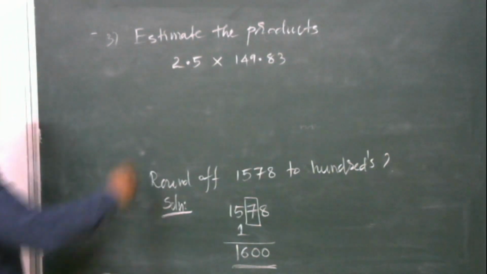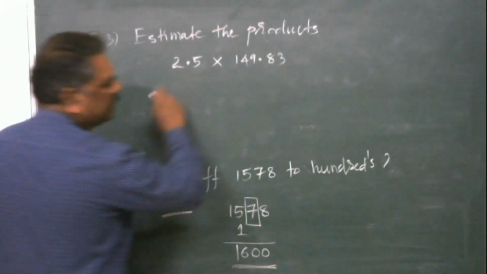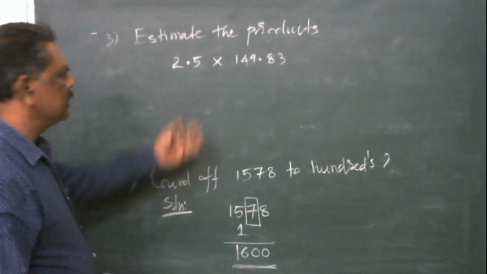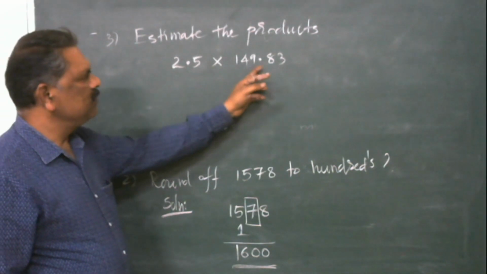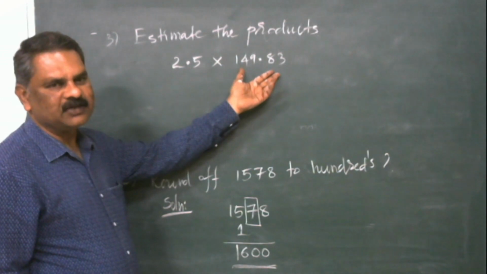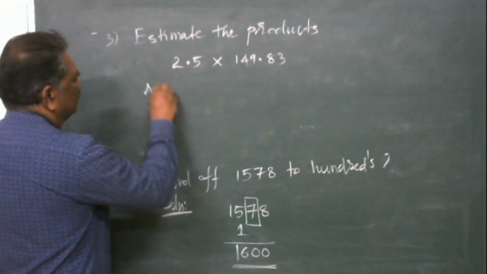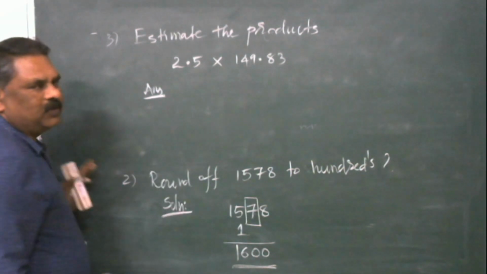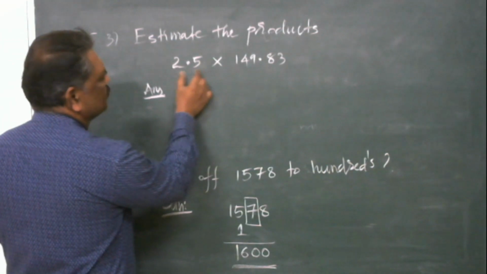We need to estimate this to the nearest integers. 149.83 multiplication takes a lot of time, and 2.5 is there. So we need to estimate to the nearest integers because it is only 2.5.